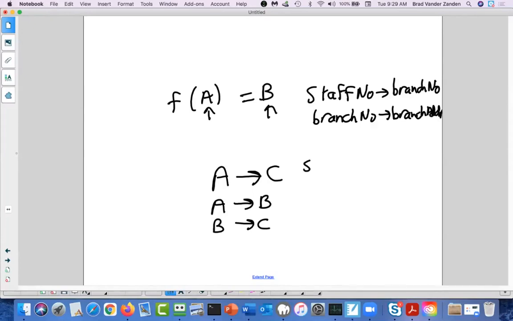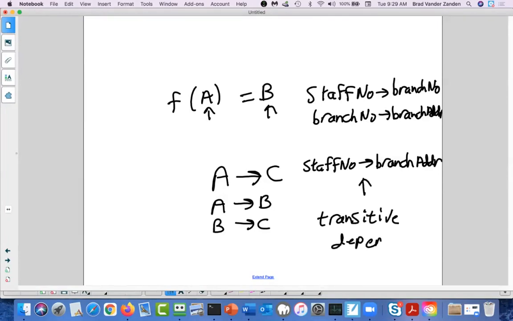So it's also the case that the staff number determines the branch address, but we're not going to model that dependency because this is a transitive dependency that can be inferred from two other dependencies.